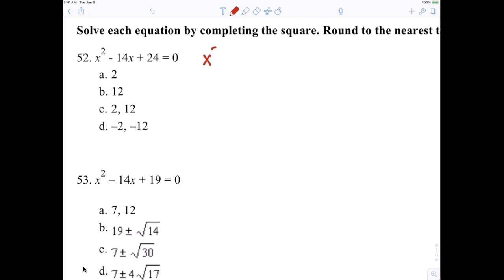So now we have x squared minus 14x. We're supposed to leave a space, equals -24. Everybody good with that? And then what's half in square?